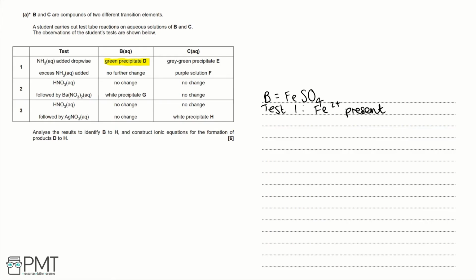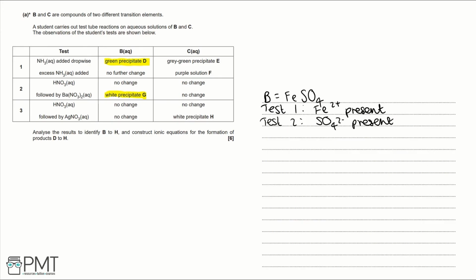Then in test 2, we have a white precipitate G. When we react with nitric acid followed by barium nitrate, that's a test for the sulfate ions in B. So test 2 shows that SO4 2- ions are present.